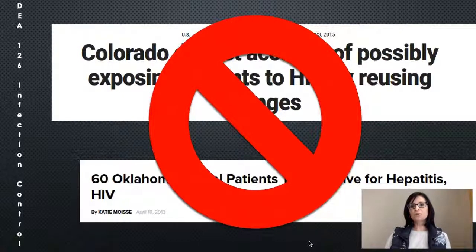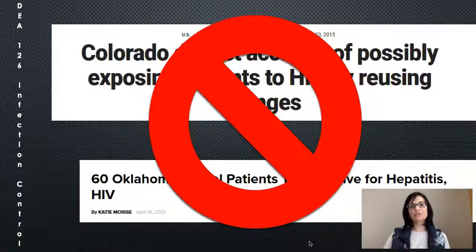It's also going to provide you with information on the hazard communication standards and everything that you need to know in order to avoid these types of infection control breaches from happening in your office.